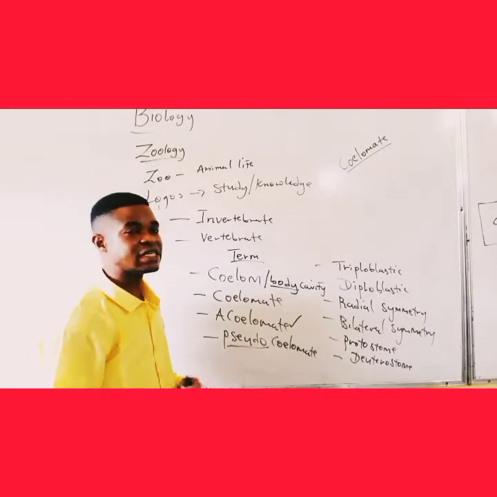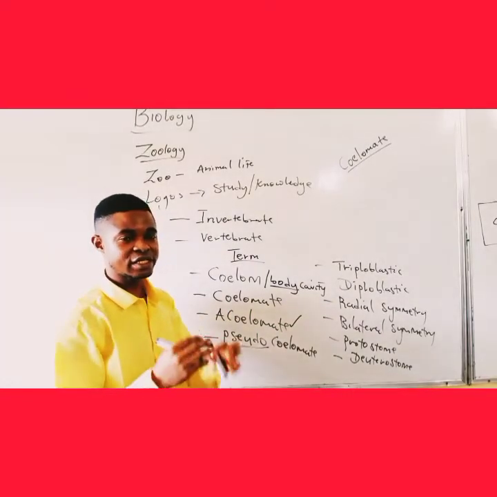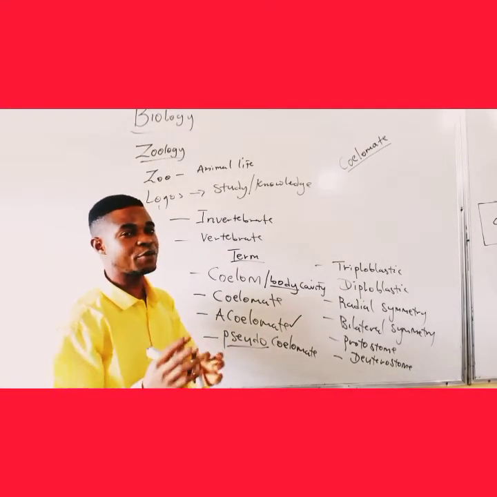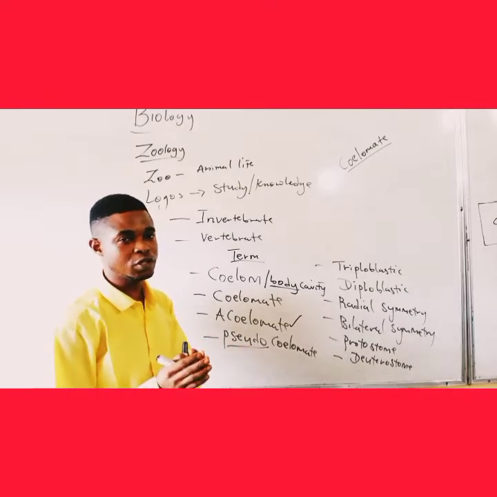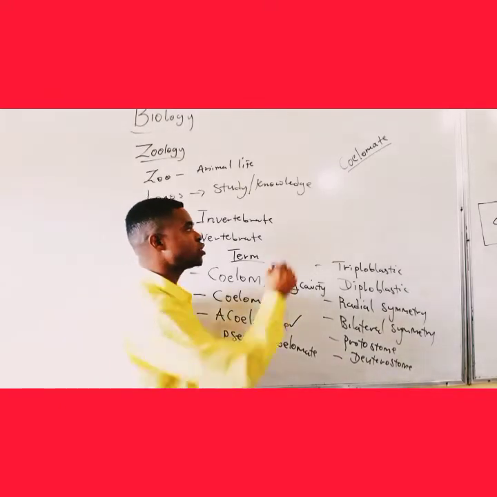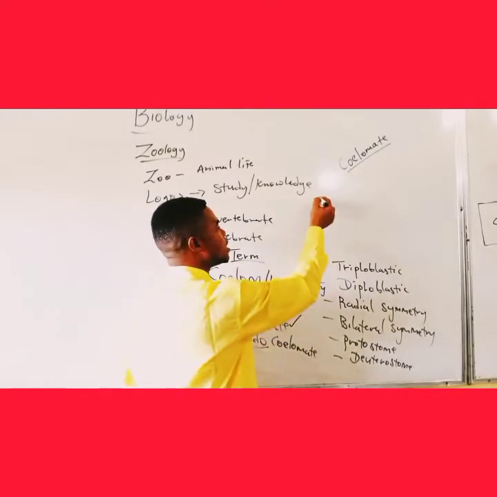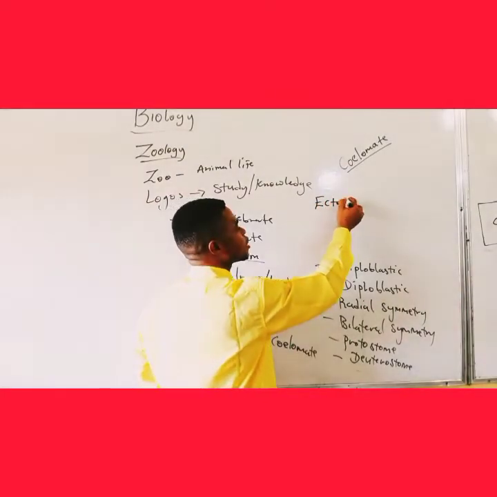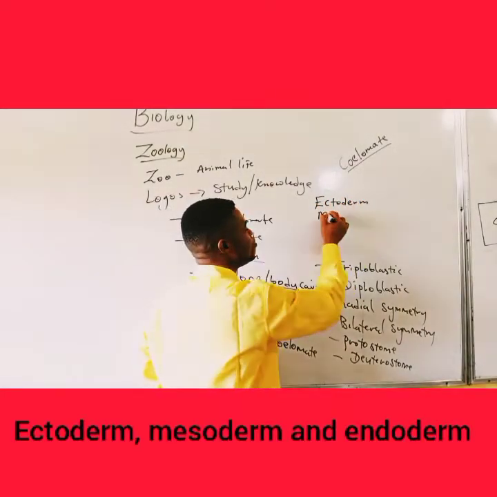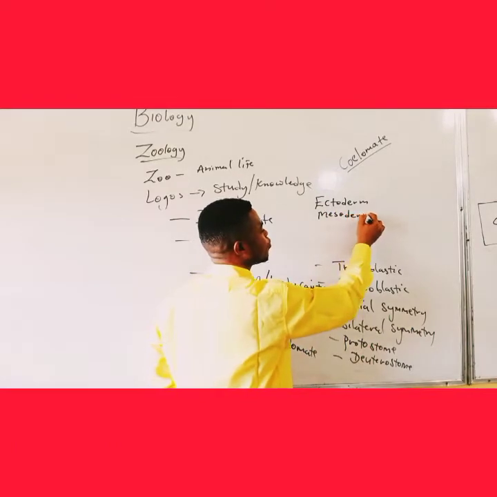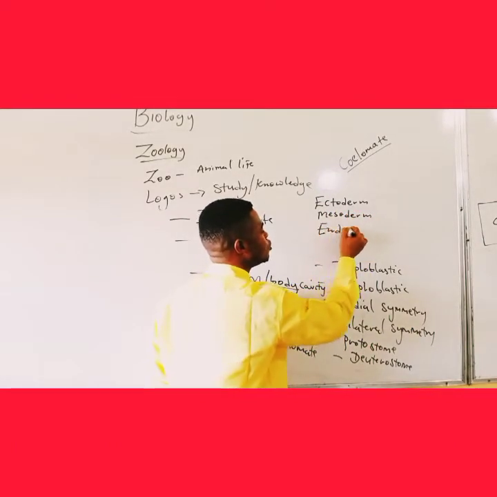So now, in an embryo, there's a certain stage where the embryo has to differentiate into three body layers. Which of these three body layers are the ectoderm, the mesoderm, and the endoderm?